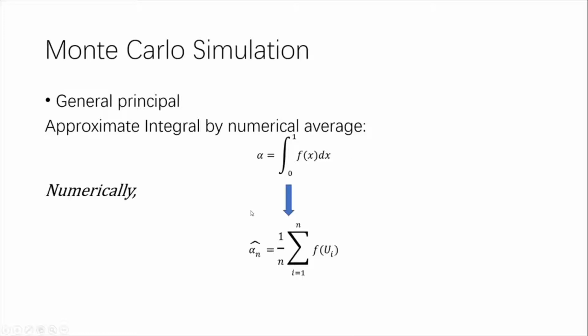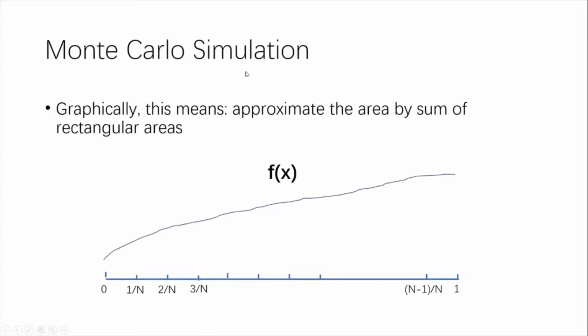So what does it mean? Well, geometrically, when you are calculating the integral of f(x) from 0 to 1, what you are doing is calculating the area formed by 0, 1, and f(x).